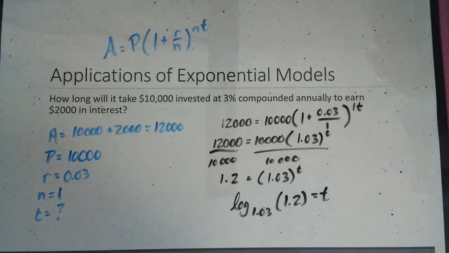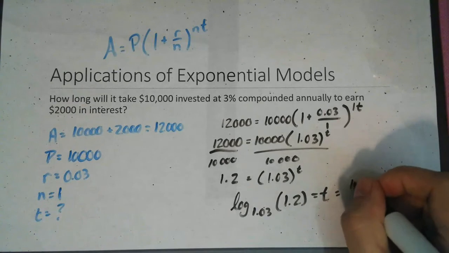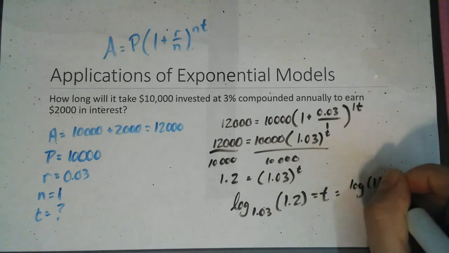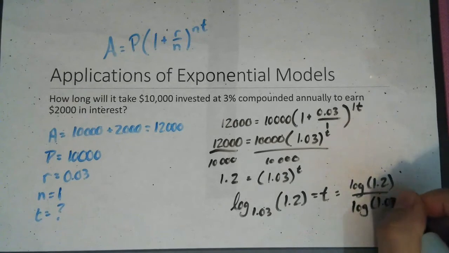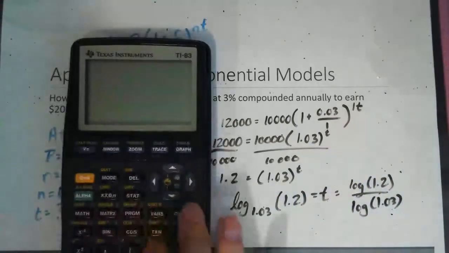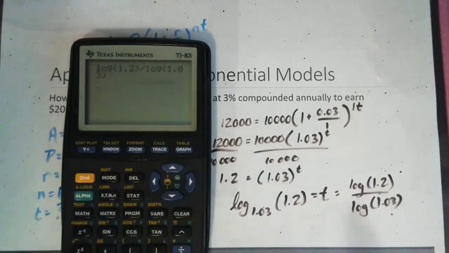But if you tell me it takes log base 1.03 of 1.2 years to gather $2,000 in interest, I'm not going to know what you're talking about. I need a real life answer here. So using the change of base formula, this is the log of 1.2 divided by the log of 1.03.